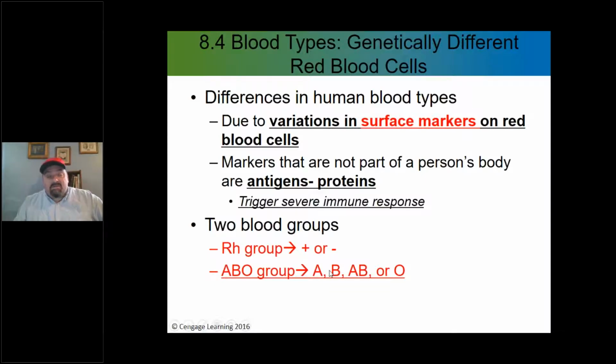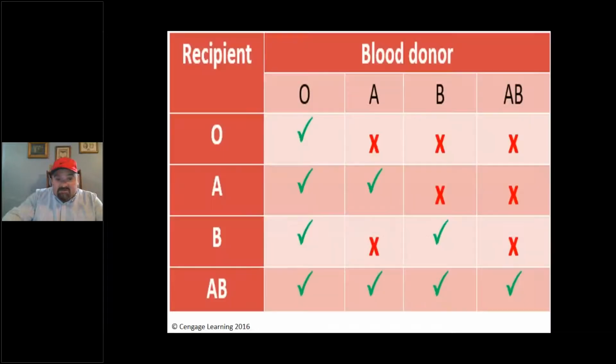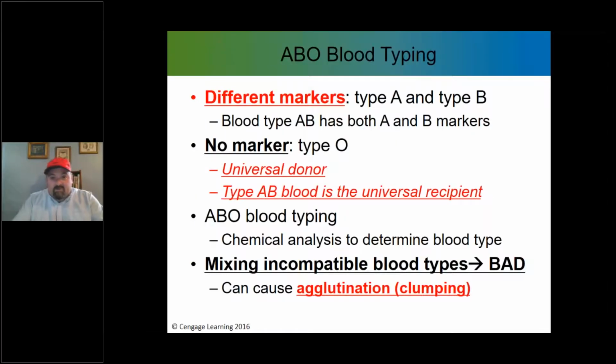It's important that if I have type A blood, I really should not be receiving B or AB. I can receive O. We'll talk about that because I'm going to show you. But know that it's really important to know the types and to prevent a problem. We'll look at an image. Very good.